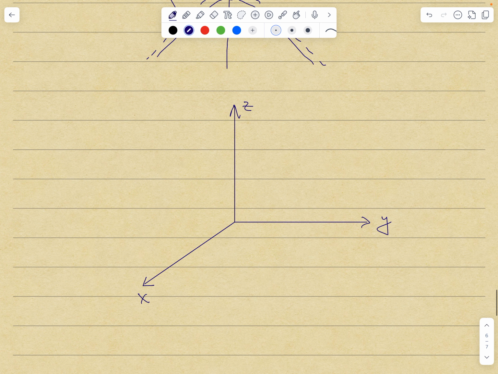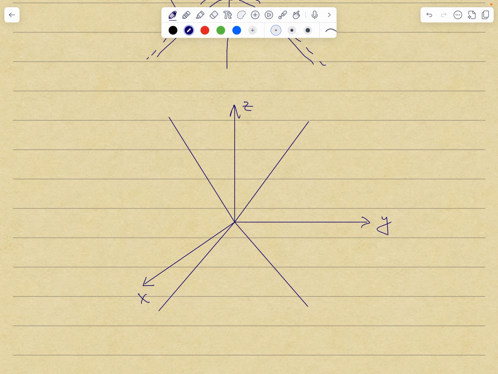So I need to sketch that in the zy plane because that is going to be my intersection with the zy plane. That's plus absolute value of y, and this is minus absolute value of y.